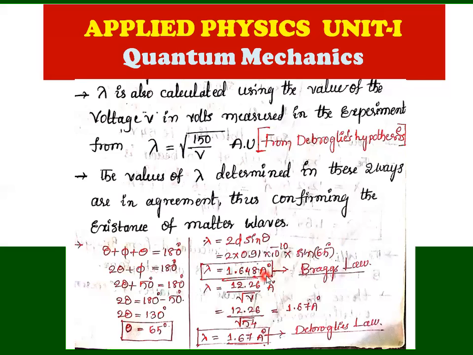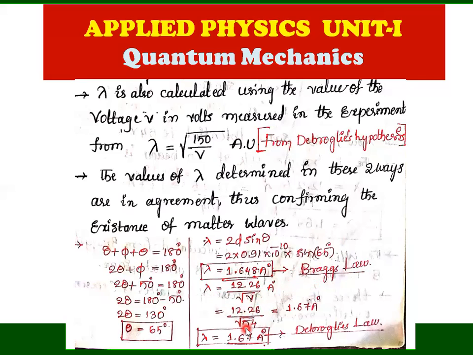Lambda is equal to 1.648 angstrom according to Bragg's principle. But according to the de Broglie concept, it is 12.26 by root of V, in angstrom. If we operate at 54 volts, what will be the wavelength associated with that potential?